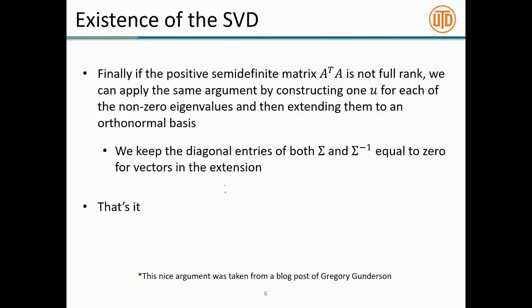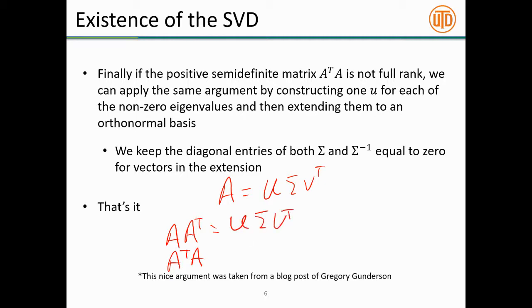If A is equal to U sigma V transpose, where U and V are orthogonal matrices, then it must be the case that if I construct A A transpose and A transpose A, by definition, A A transpose is equal to U sigma V transpose times V sigma transpose U transpose.